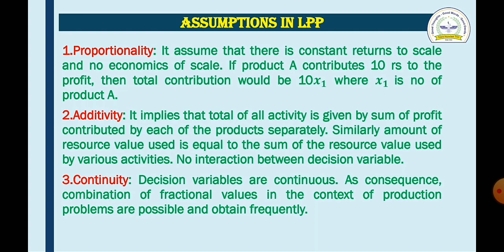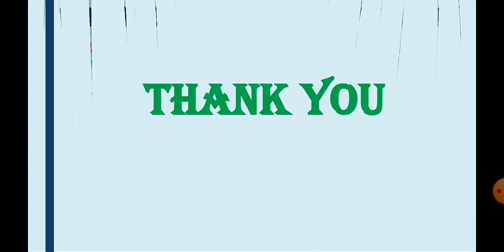No interaction between decision variables. Number 3, continuity. Decision variables are continuous, and as a consequence, combinations of fractional values in the production problem are possible and obtained frequently. Thank you.